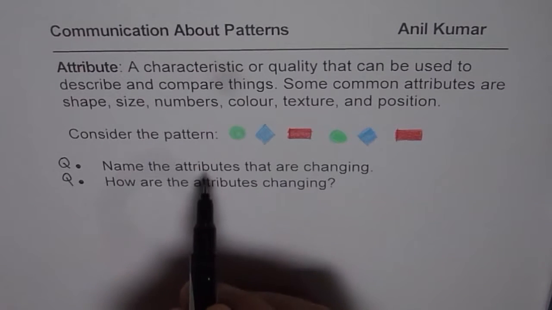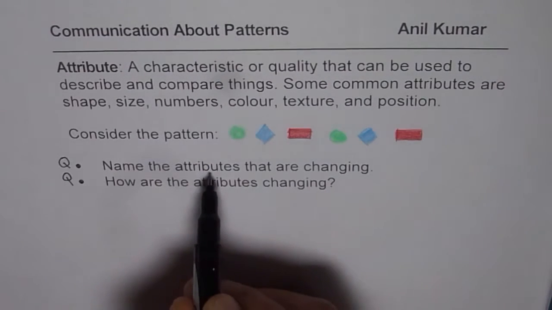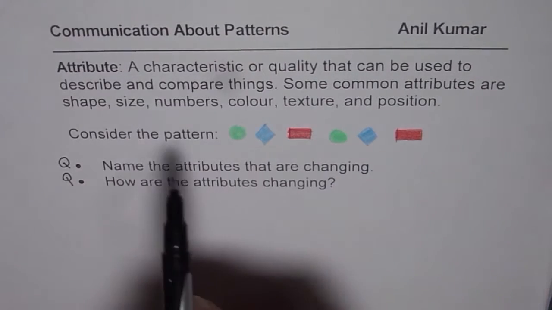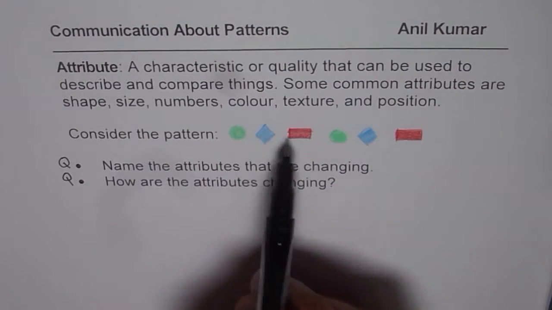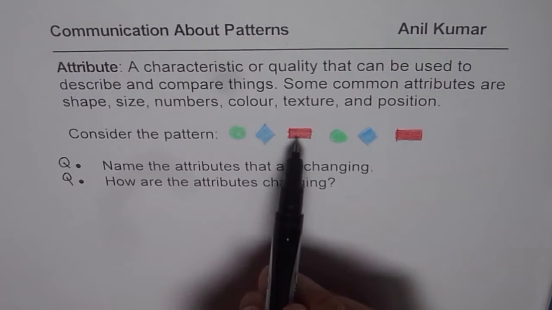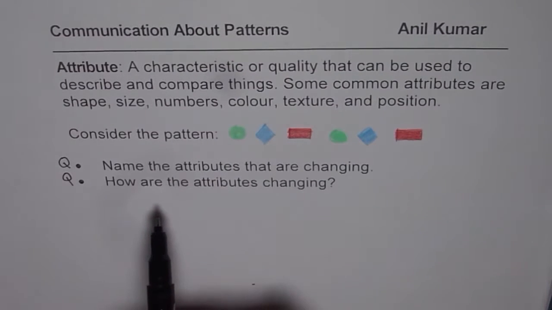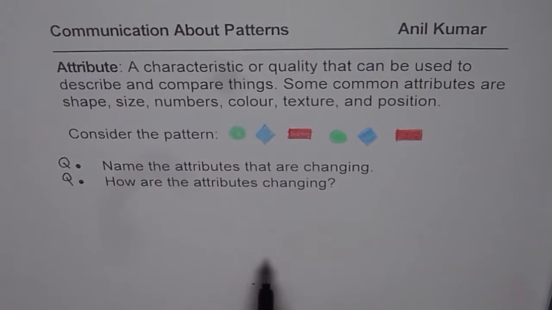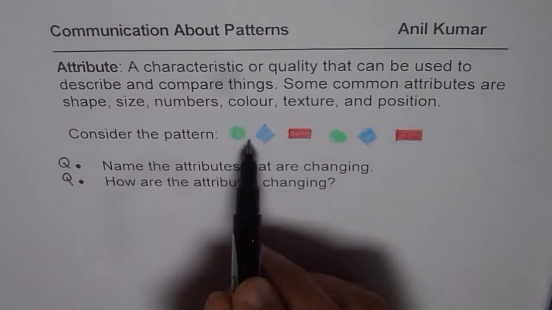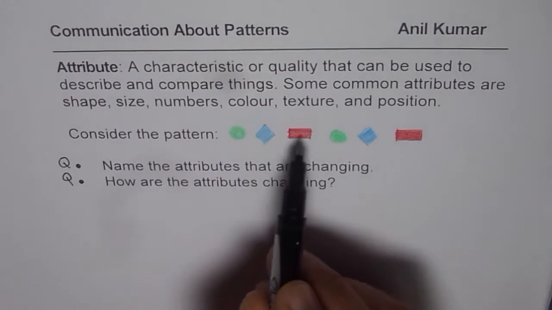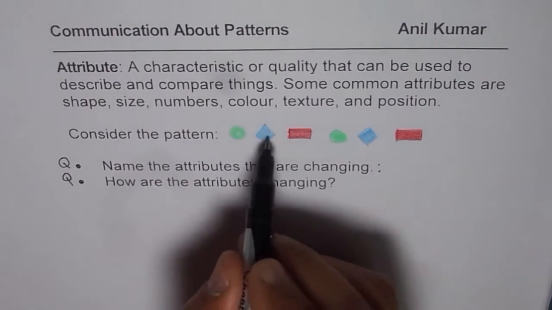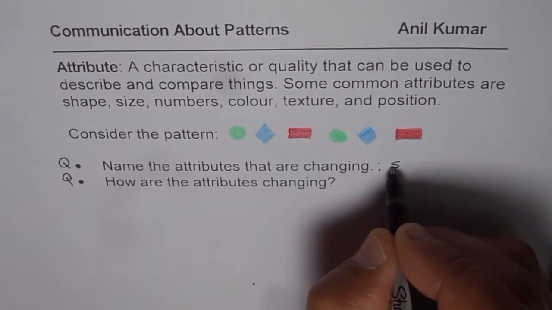Now, as you know, what are attributes? Attributes are characteristics or qualities which tell you something about the pattern, right? So in this particular case, can you name the attributes that are changing? As we can see, there are two attributes changing. Shape is changing, right?